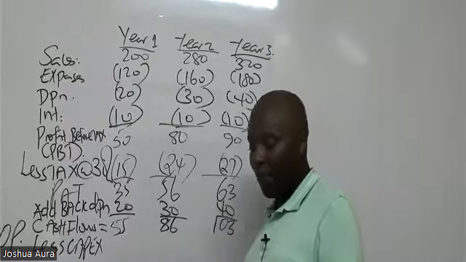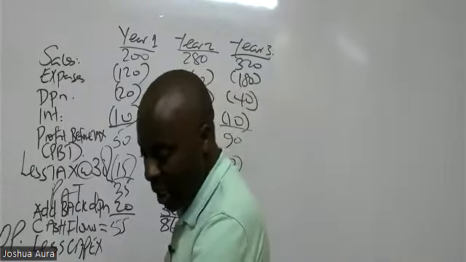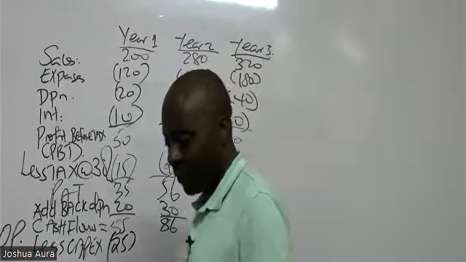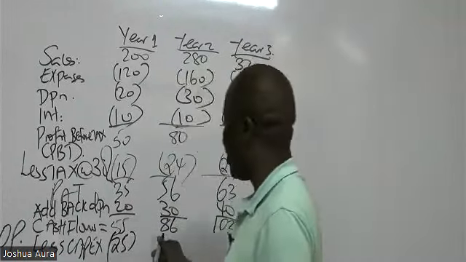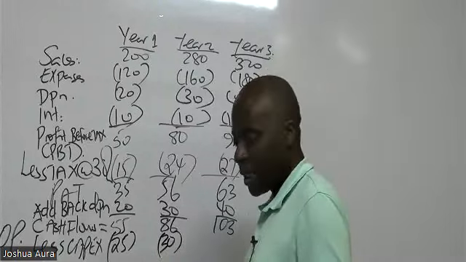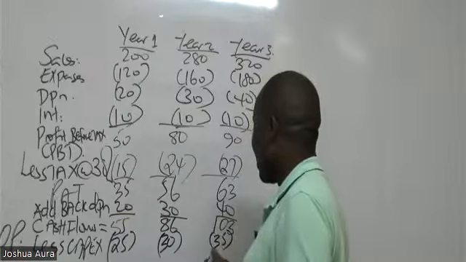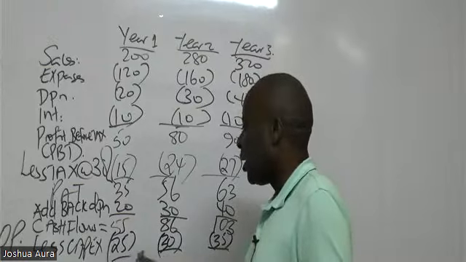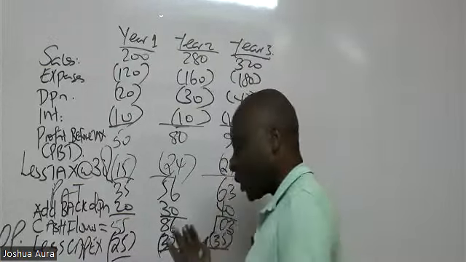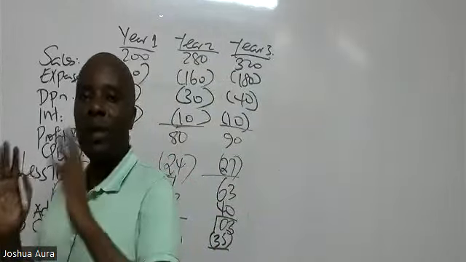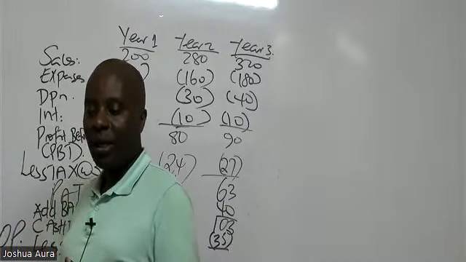So we less capex, and the capex that you're seeing here is 25, then 30, and lastly 35. So you subtract this, unatenga. Ukisikia unaambiwa kuna cash, which is needed to buy some fixed assets, always hiyo lazima inatengwa, right?